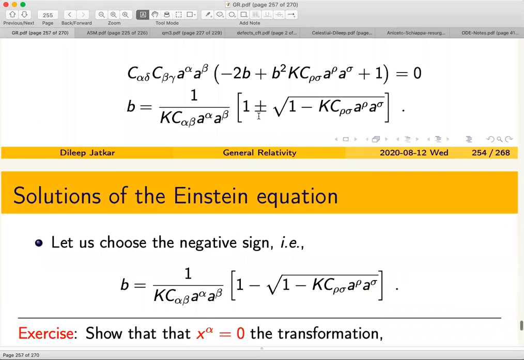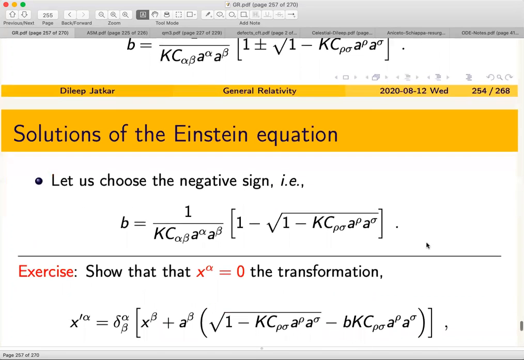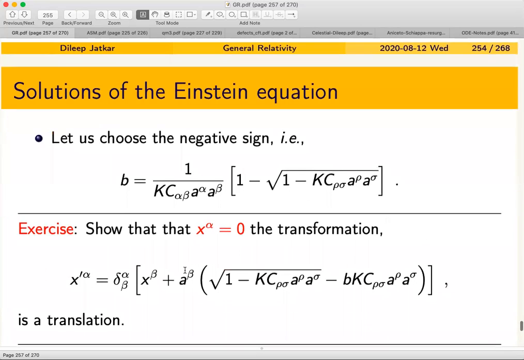So we'll choose a negative sign here. If you choose the negative sign, then you can show that the transformation, sorry, I meant show that at x alpha equals 0, this transformation would reduce to a transformation like this.